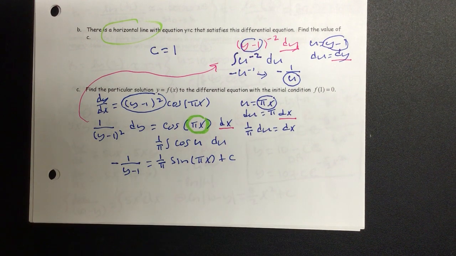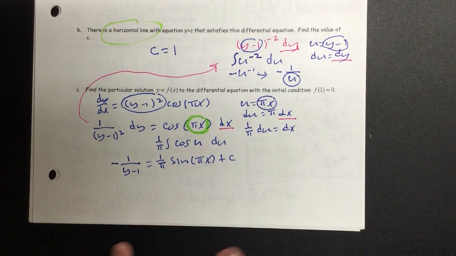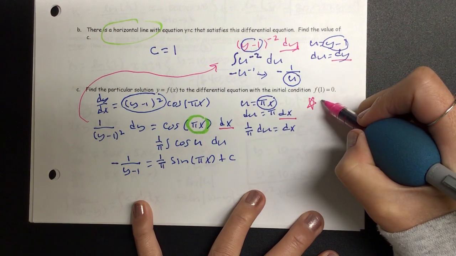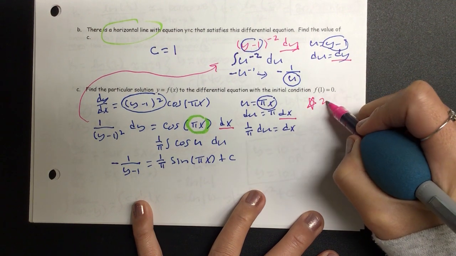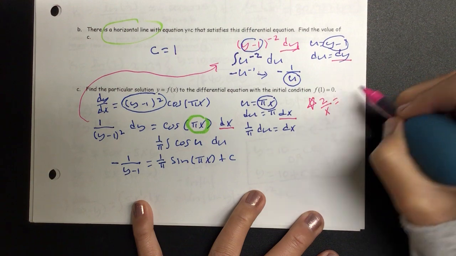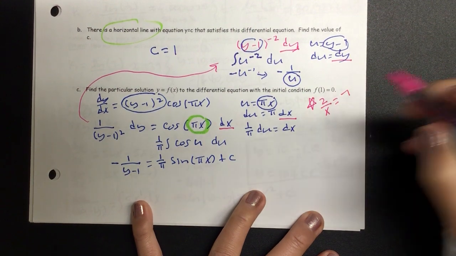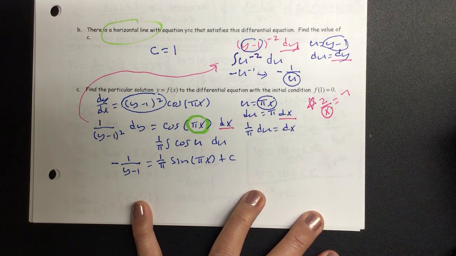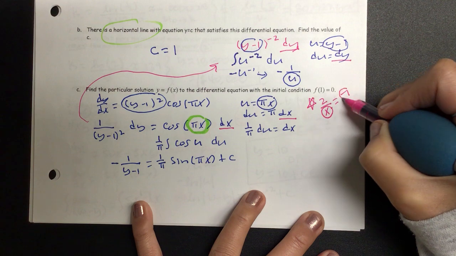So I'm going to kind of go back to, if you were in my geometry class, something we did in unit 6. I'm going to give you a side note. Back a long time ago, when I had 2 over x is equal to 7, I taught y'all something with a variable on the bottom. If there is a variable on the bottom, what am I allowed to do? I can switch them.